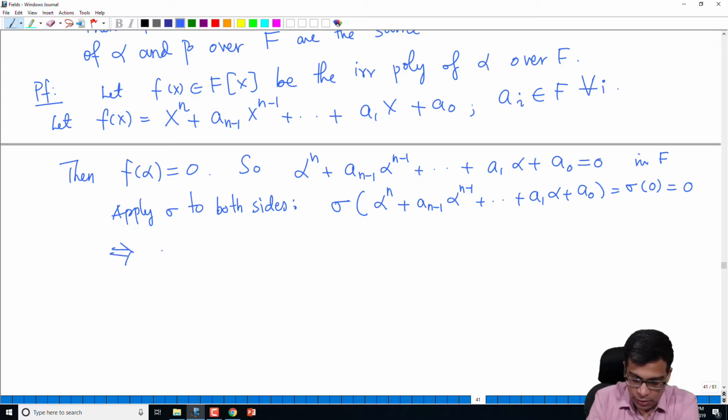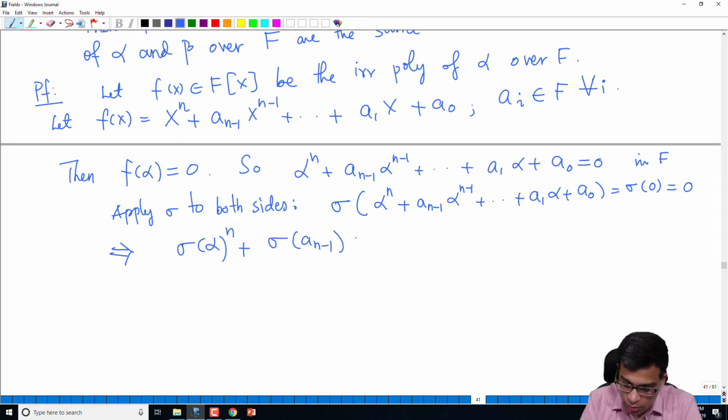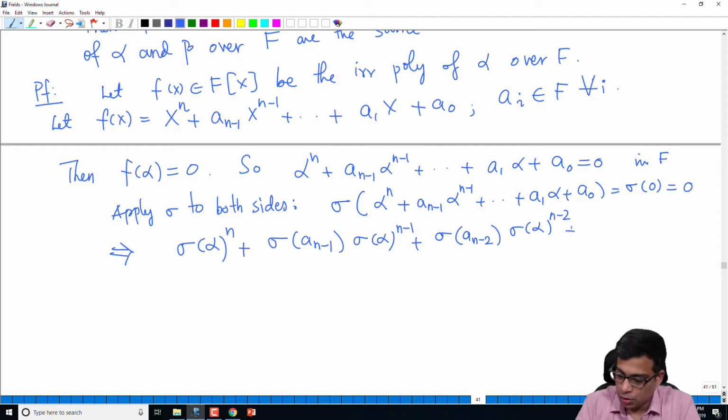Also, because sigma is a homomorphism, you can put it inside the bracket and write this as sigma(alpha)^n plus sigma(a_{n-1}) sigma(alpha)^{n-1} plus, I will write one more term, sigma(a_{n-2}) sigma(alpha)^{n-2} plus dot dot dot plus sigma(a_1) sigma(alpha) plus sigma(a_0) equal to 0.